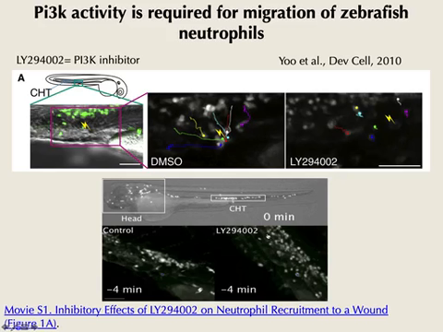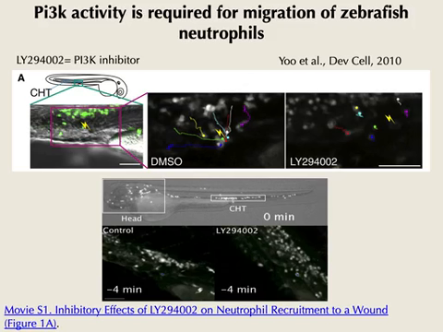So let's look at this paper here. This is not on Dictyostelium, it's on neutrophils in the zebrafish. The paradigm is that you take a zebrafish and you have fluorescent neutrophils here. In the movie, you'll see they crawl around. And what you do is, with the laser, you wound the fish in a very specific place.